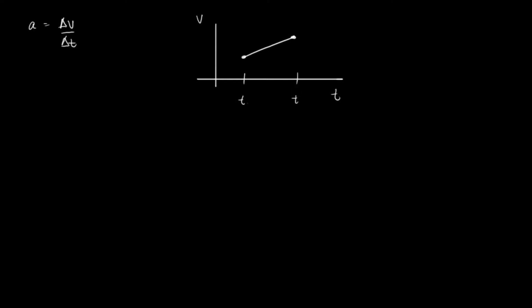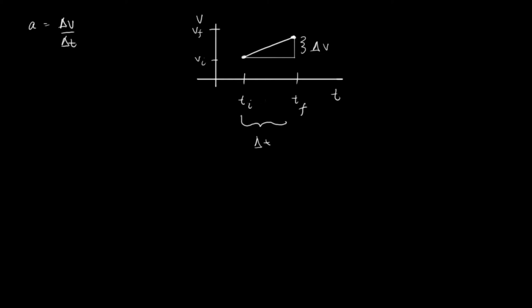In fact, that's pretty much what we'll be doing from now on, initials and finals. So this will be V final, and this will be V initial. There's essentially a little triangle here. This is your delta V, and down here is your delta T.